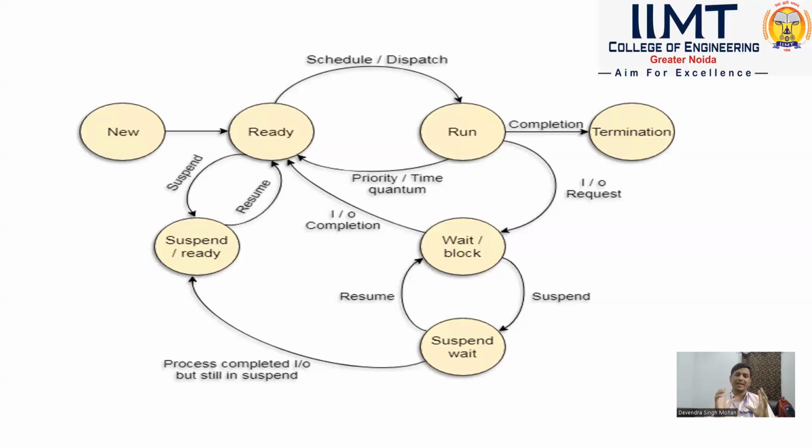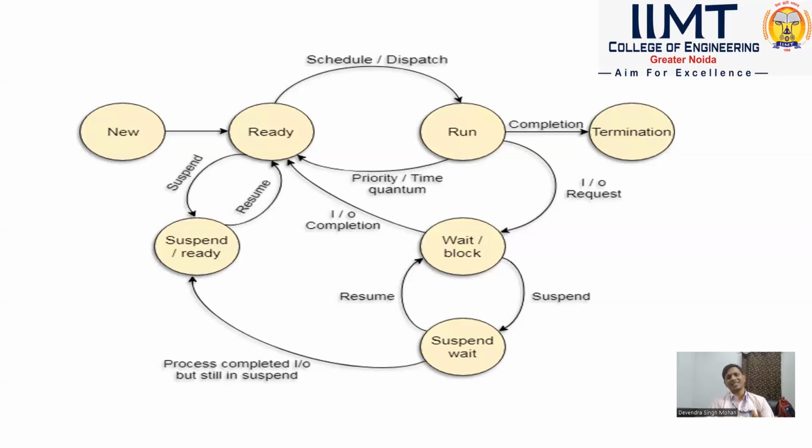Whatever process comes inside a wait state, block state or suspend state, that process again comes inside a ready state and waits for its turn. As per the scheduling algorithm, whenever that particular process's turn comes, then that process gets the processor and starts its execution.